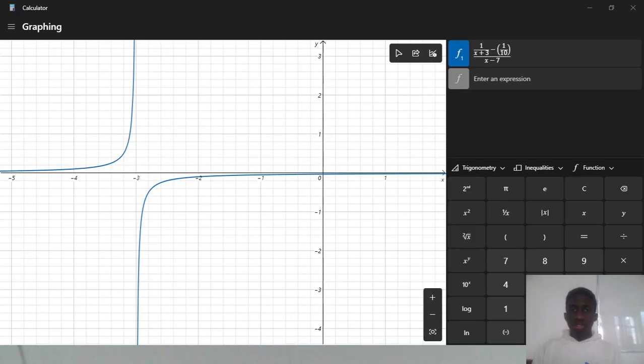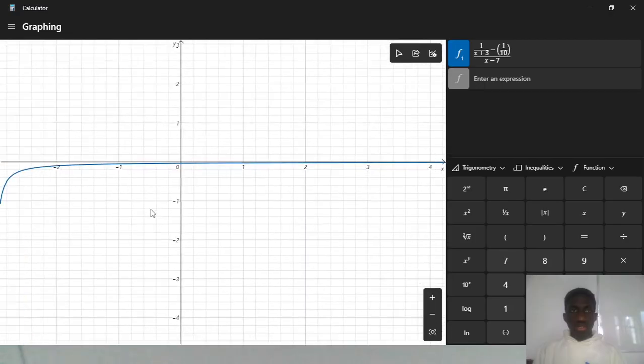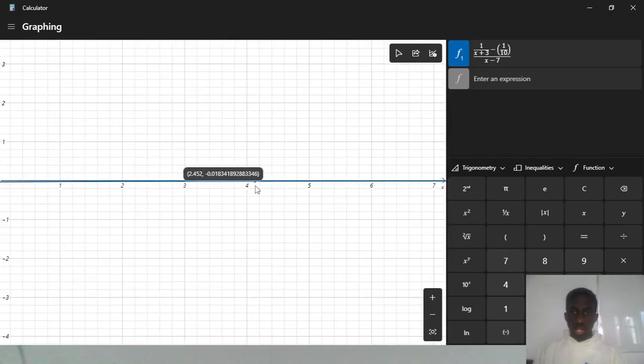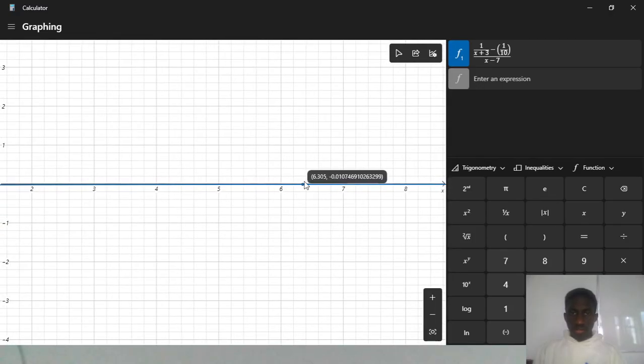So we have the graph in front of us, and we just scroll over to where we have 7, and we see that as we approach 7, we see minus 0.01043, and so on, on the y coordinate. As we approach it, it gets closer and closer to minus 0.010. So minus 0.01 is the limit of this function as we approach 7.